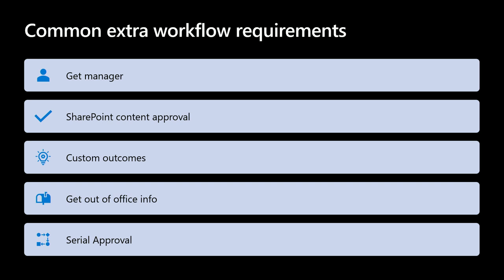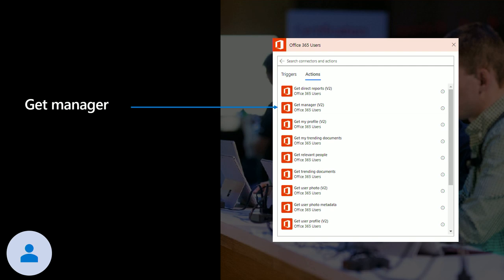We can do custom outcomes, meaning outcomes other than approve and reject. We can get the out of office info about someone. And then, of course, serial approvals, that's a big one. I put that one last because it's more complicated, and that's where we're going to get into the nitty-gritty. Serial means one after the other, instead of sending to everyone in parallel, all at the same time.